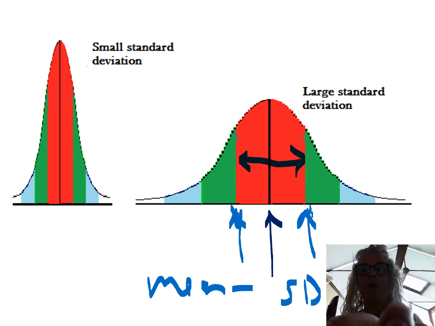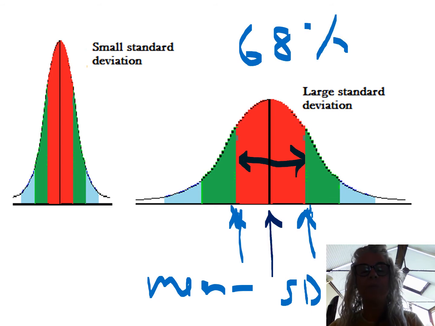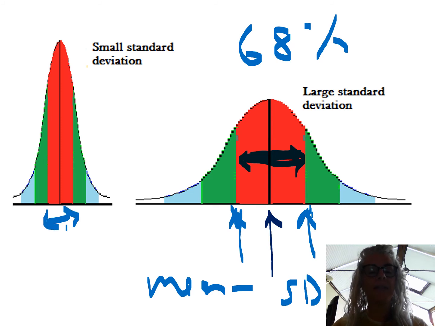Now, in terms of the population, 68% of your population should fall in that range there. 68% of them. Okay? And it's the same on this one. It's a much smaller standard deviation, but 68% of the population fall within that range.